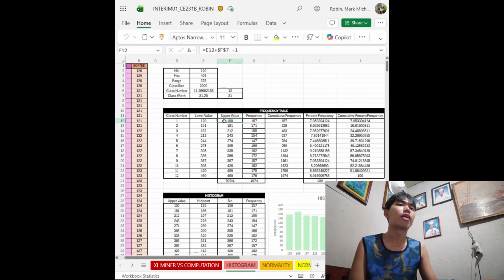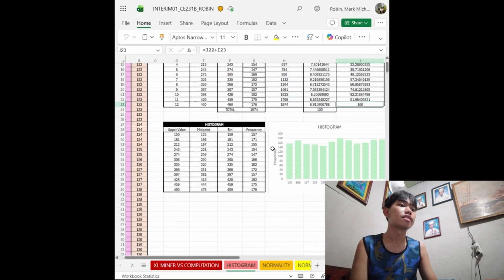How I get the class limits: I pick the lower value, which is 120, plus the class width, which is 31, then press F4 and minus 1, so I get 150 and so on. The total frequency is 1974, the percent frequency is almost exactly 100%, and the cumulative percent frequency is the same, 100%.